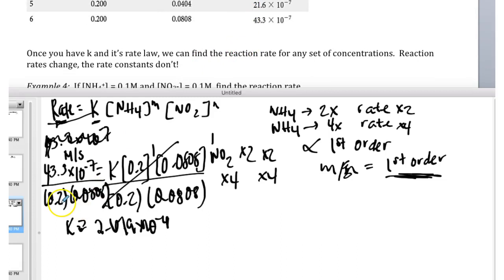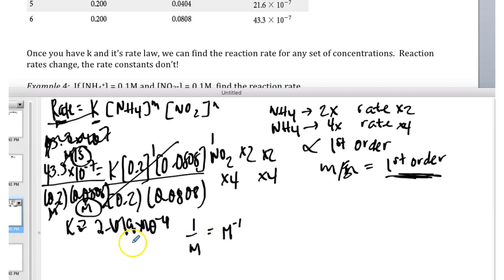This 0.2, the problem says that it's molarity, and this is also molarity. So look, if you have molarity on top, you cancel it with 1 molarity at the bottom. You're left with seconds, and when you're left with 1 more molarity down here, you guys know that 1 over M at the bottom is equal to M to the negative 1 power.